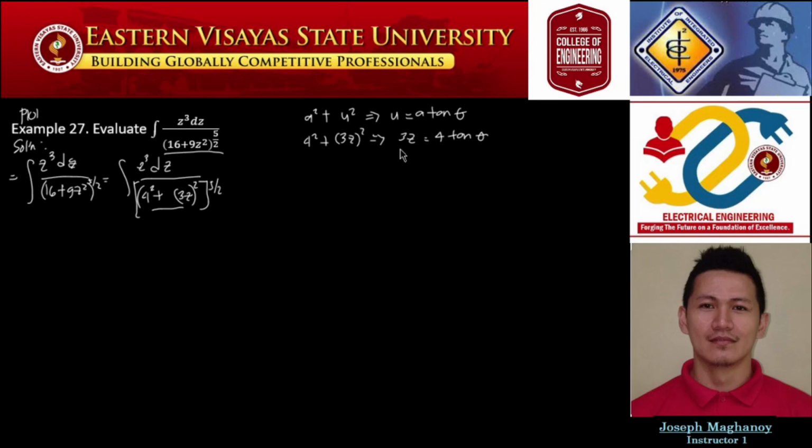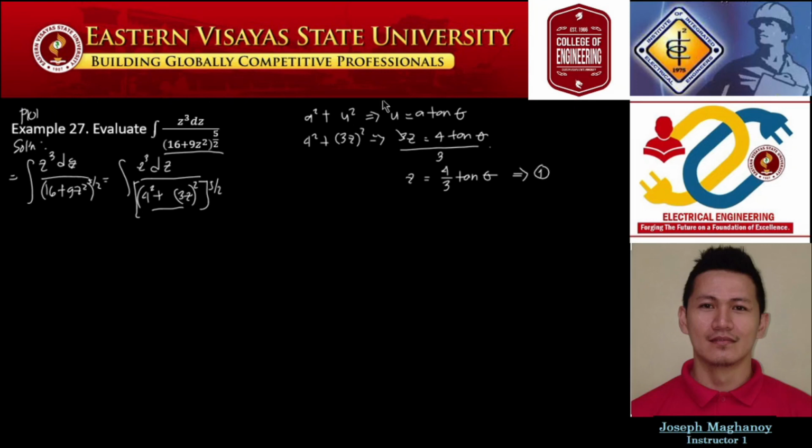So if we manipulate this, we divide by 3, so we have z is equal to 4/3 tangent theta. Okay, so we can say this is our equation 1.